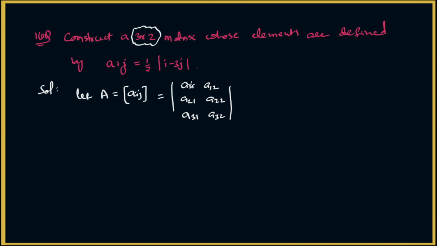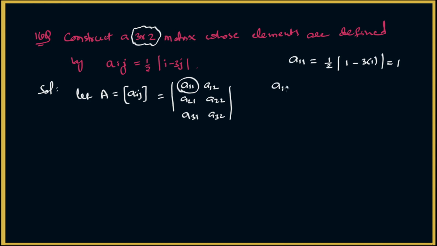Generally we denote it by a11, a12, a21, a22, a31, a32, meaning for example this element's position is first row first column. So in place of i and j, what about the first element a11? That is 1 by 2 mod (i means 1, 3 times j also 1). So 1 minus 3 is minus 2, mod is there, plus 2, 2 by 2 is 1. So the first element is 1.